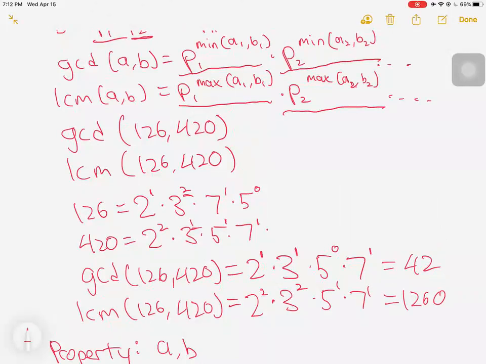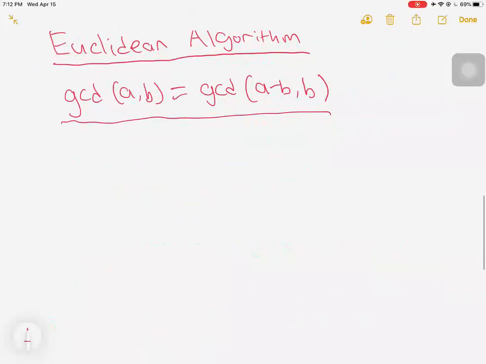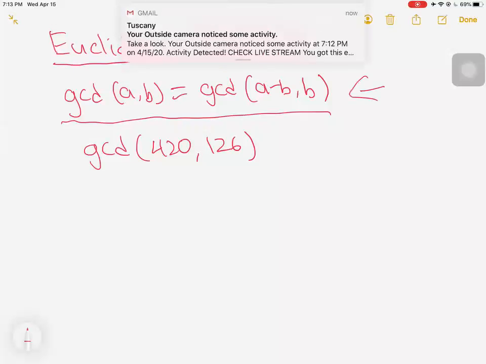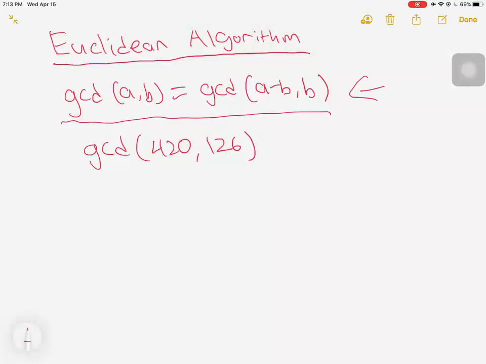So if we go back to our original question, the GCD of 420 and 126, we can use the previous method of prime factorization and comparing the exponents. But we can also apply, sorry about that, the Euclidean algorithm.